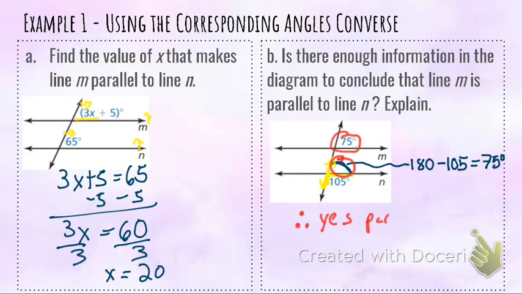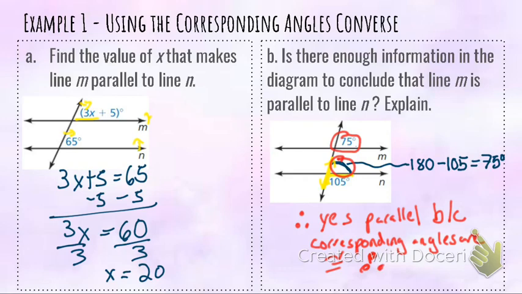parallel, because, shorthand for because, b/c, corresponding angles are congruent. Therefore, remember the 3 dots in a triangle shape means therefore.